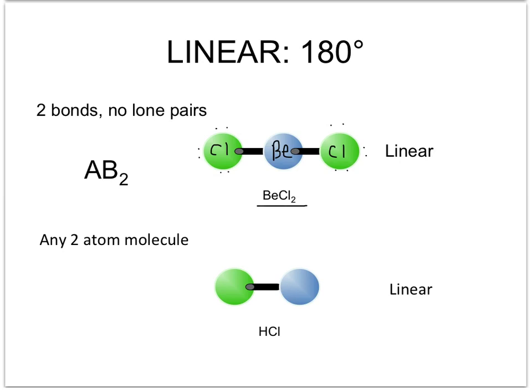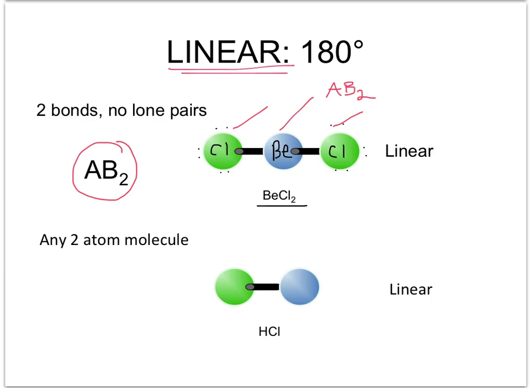If we code this, you will see that the central atom is A. There are 2 terminal atoms, which are bonding atoms coming off the central, so that will be AB2. And that's the code that will correlate to the shape of linear.